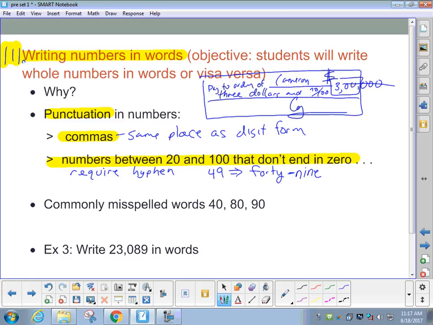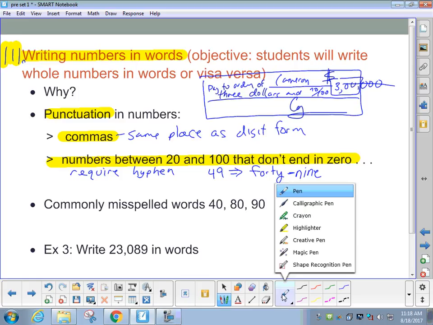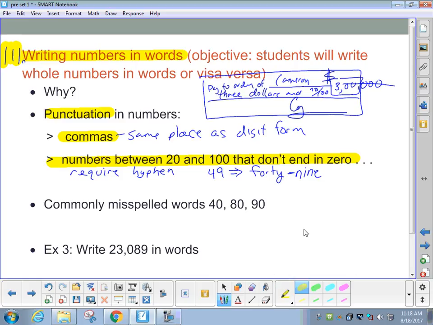All right? Why? It'll be more clear when we get to decimals, but for now, just take my word for it. It helps unify that quantity, 49. All right, commonly misspelled words. If you just write down that, actually, we got down that 40, we already have in your notes that 40 is F-O-R-T-Y. 80, oops, 80, how is that spelled, please?